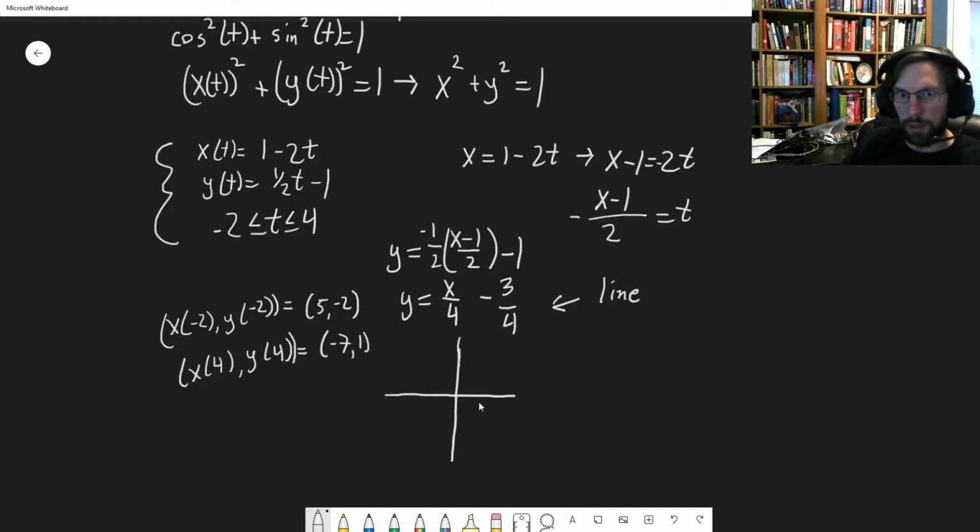So go 1, 2, 3, 4, 5, down 2. And then we go 1, 2, 3, 4, 5, 6, 7, and up 1. So what does this curve do? You can pretend that this is a straight line, and it does this.